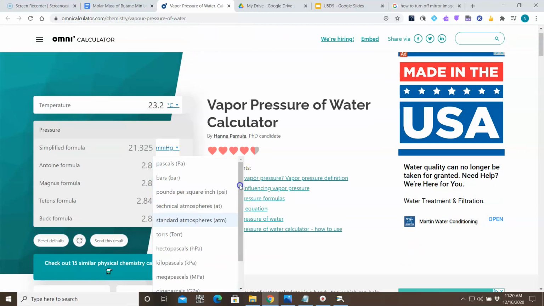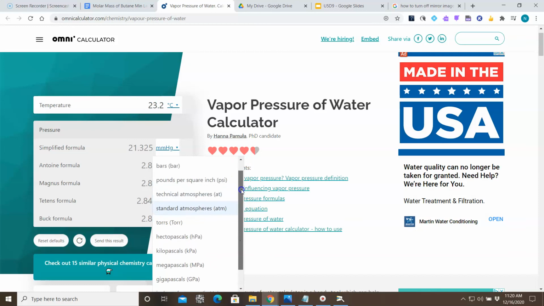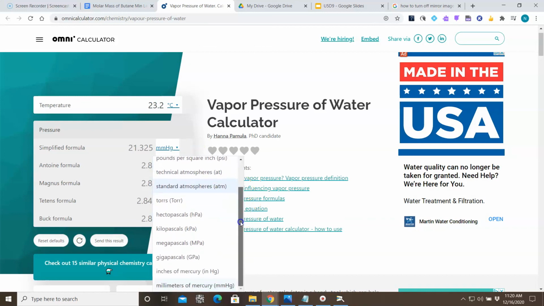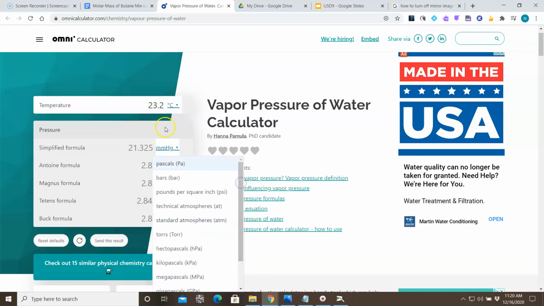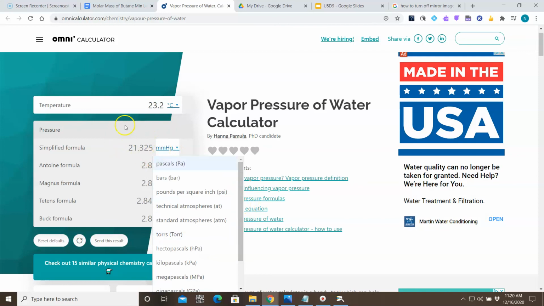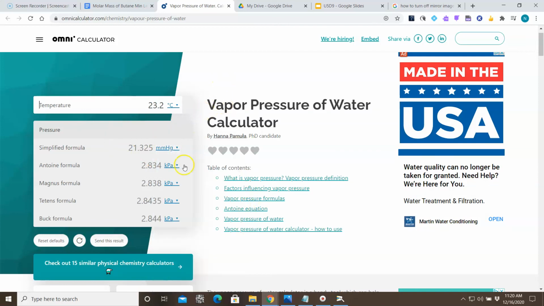If you needed to, you can change the units, but I think it's easier to just subtract it if it's in millimeters of mercury from the barometric or atmospheric pressure, and then convert the pressure of the gas that you have, now in millimeters of mercury, to atmospheres. But you can change the units here if you need to, and I just use the simplified formula. All right, I hope you found this helpful. Have a quality day.